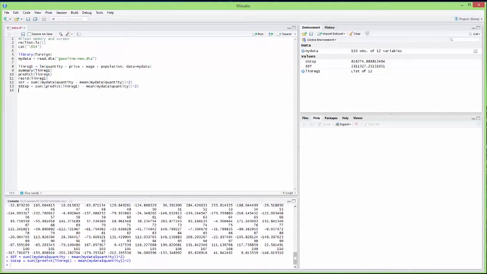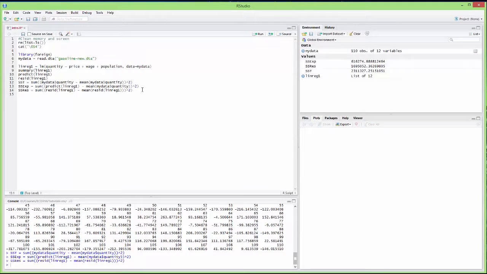And finally, I'm going to get the sum of squared residuals. So it's the same command, but instead of using predict, I'm going to use resid for the residual. And I get the value for the SSR. So we know that the R square should be equal to SS explained over SS total.